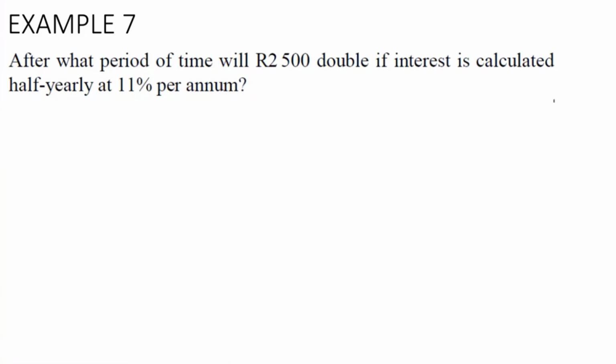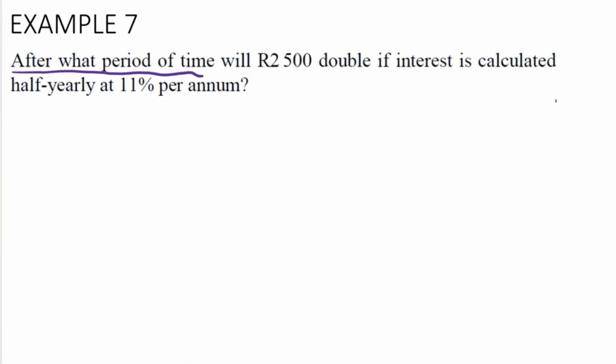Here, you are asked after what period of time. You are asked for T. We don't know T. Will 2,500 double? So we are starting off with P. It would have doubled, which means in the future it would have doubled. That means your S is 2 multiplied by 2,500.